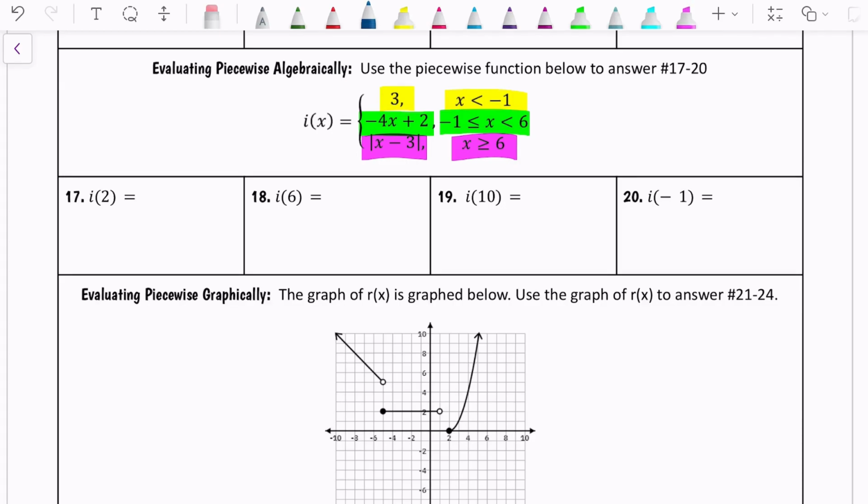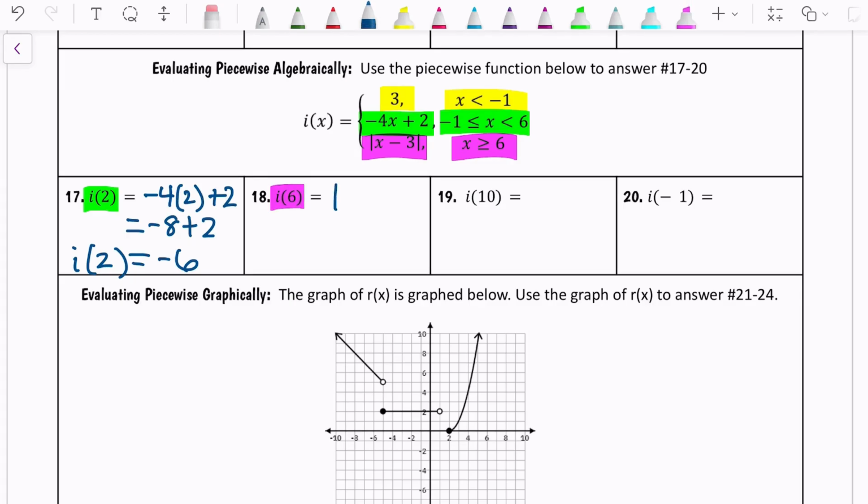I of 2 is going to fall in between -1 and 6, so that's the green rule. And the green rule says to plug into -4x plus 2. So I'm going to plug in 2. This gives me -8 plus 2, which is -6. And again, I like to leave my answer with that fancy notation. I of 6. 6 is greater than or equal to 6, which is the bottom rule.